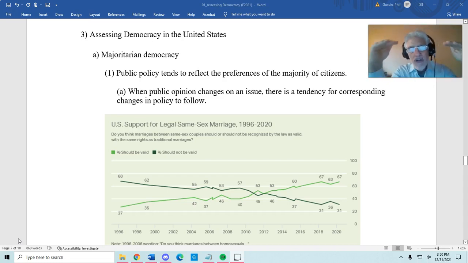Now, the story is complicated a little bit by the fact that we have a federalist system in the United States. That is, we have the federal government and we have the state governments. There are certain things that fall under the purview of the federal government and certain things that fall under the purview of the state government.